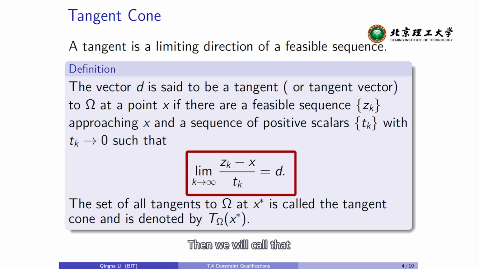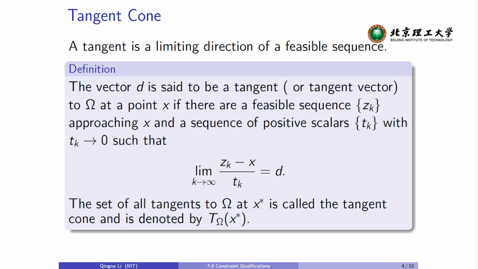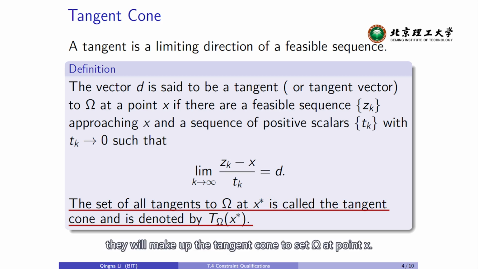Then we call d a tangent vector to the set omega at point x. All the tangent vectors make up the tangent cone to the set omega at point x. So this is the definition of the tangent cone.